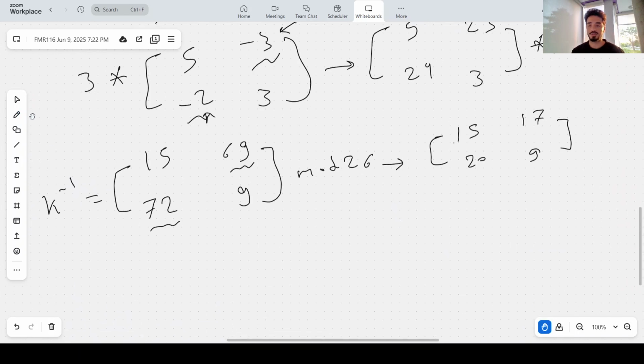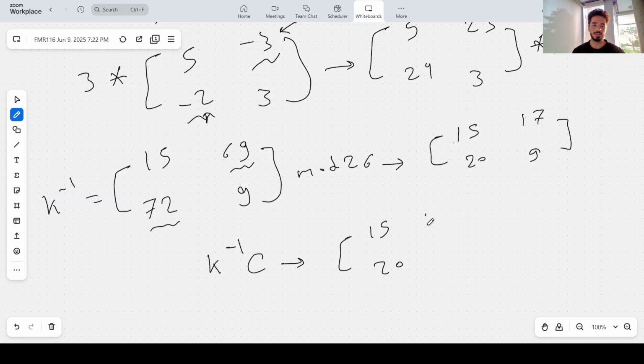Now we will just multiply K inverse, which is 15, 20, 17, 9, by our ciphertext, which was 19 and 2.